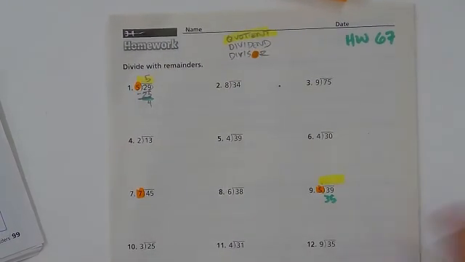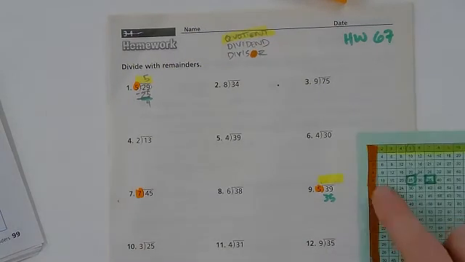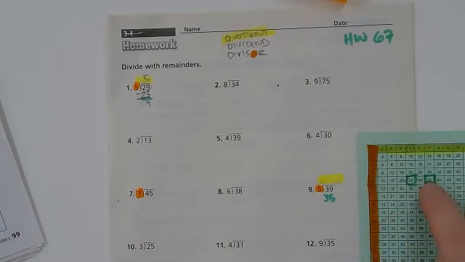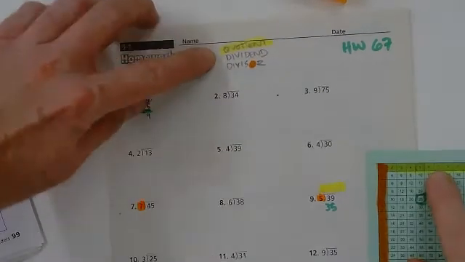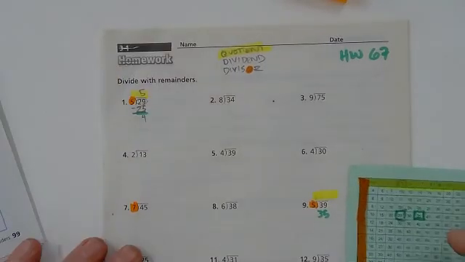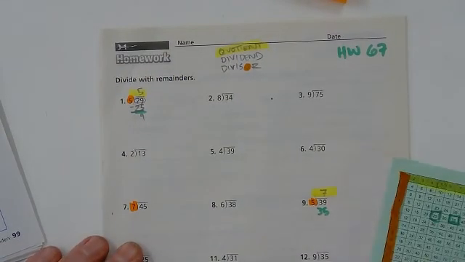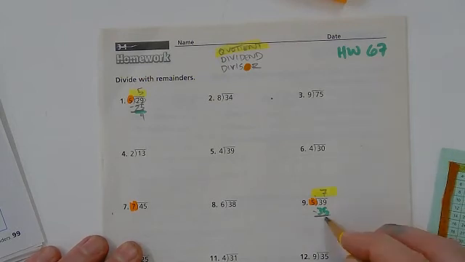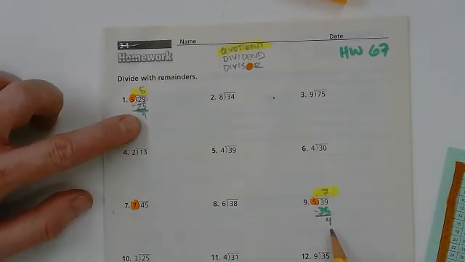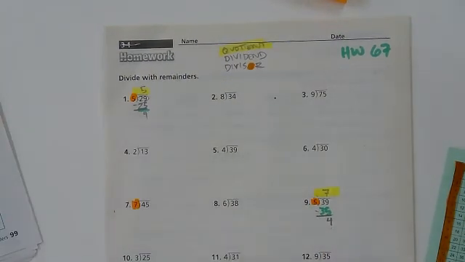So I said 5 times something is 35, and I forgot what it was. 5, 10, 15, 20, 35, and yep, remember what that is? The quotient is 7, because 5 times that number gives me that number. And if I subtract, well, that's kind of weird. I had 4 left over.